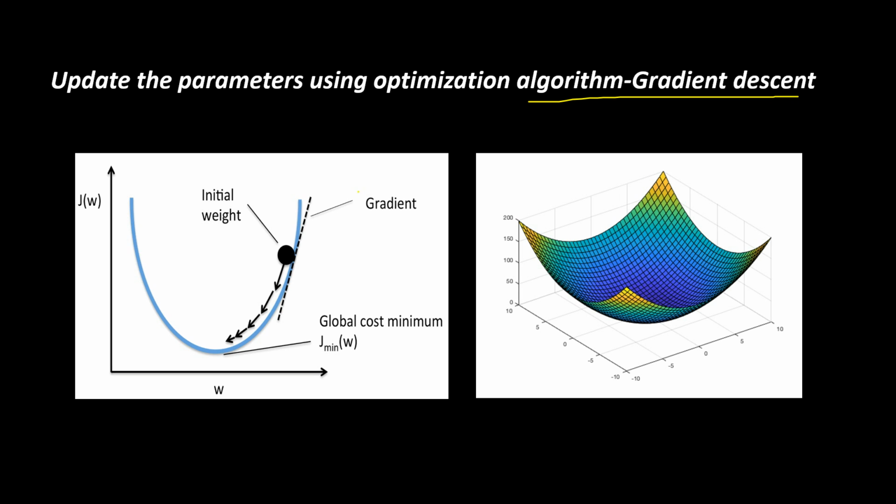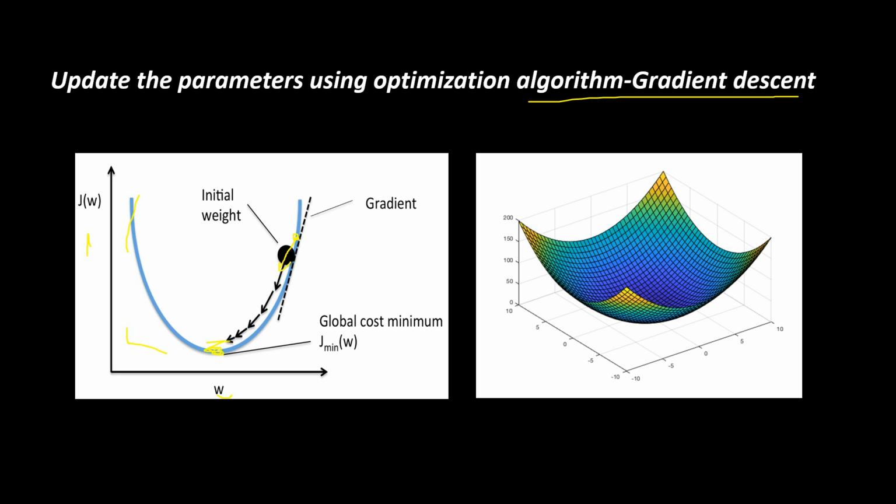So what gradient descent does: suppose you consider this convex function in the two-dimensional case, where you have just one feature w, and you plot the cost function. Suppose you computed your gradient, meaning the change in error with respect to the change in weights, and it was here, then we'll move in the downward direction because we want the error to be minimum.